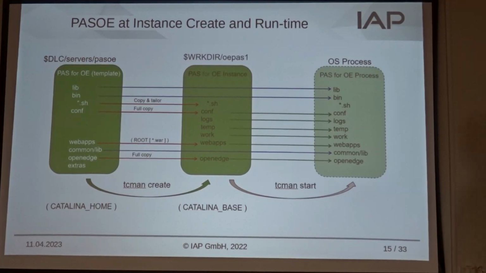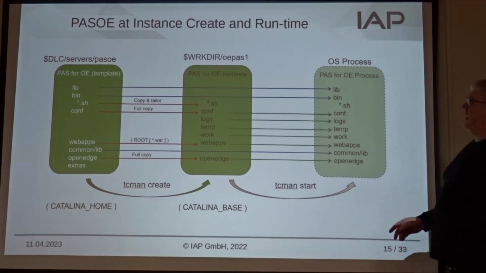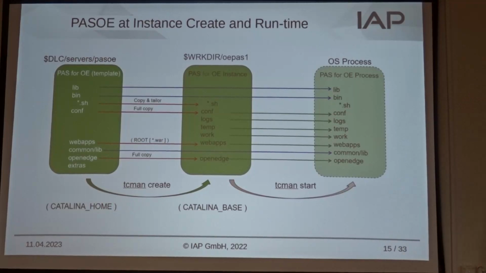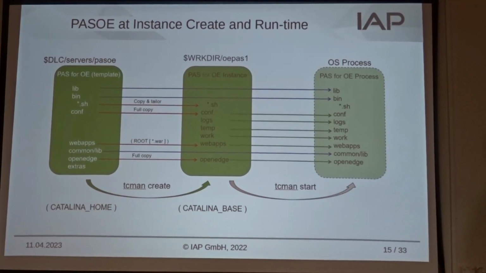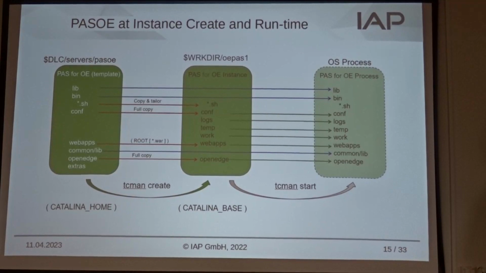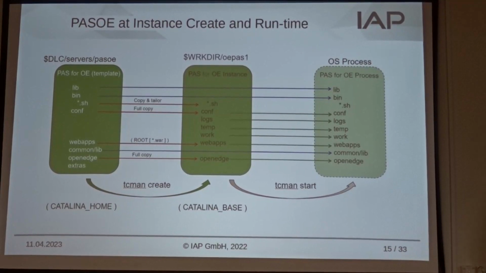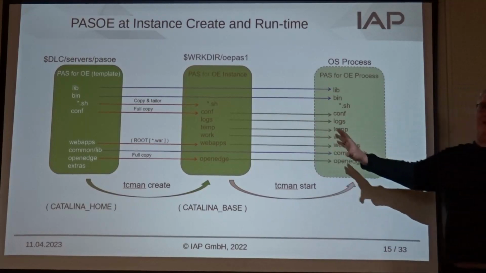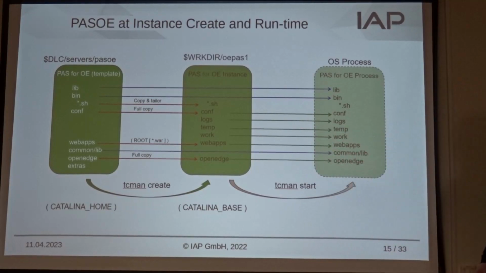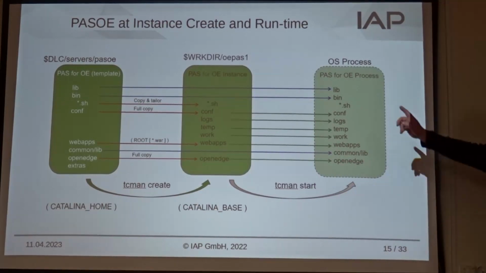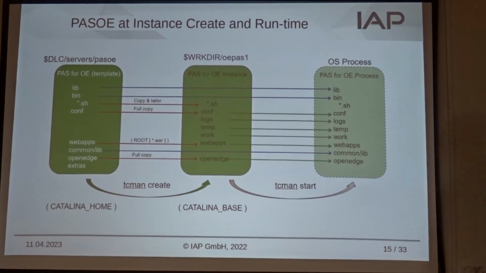But if you want to set up your own PASOE app server, then you have to make a copy of the template. You can put it in the working directory like you want.